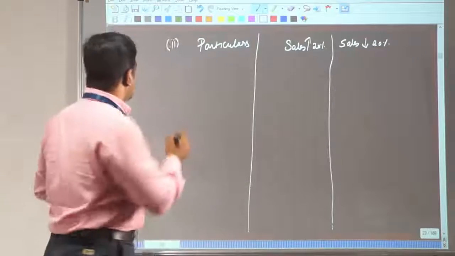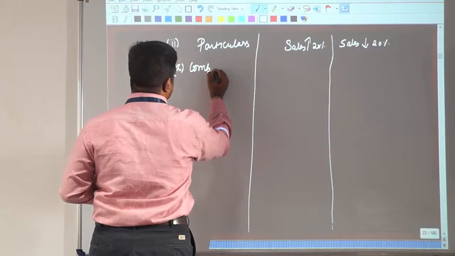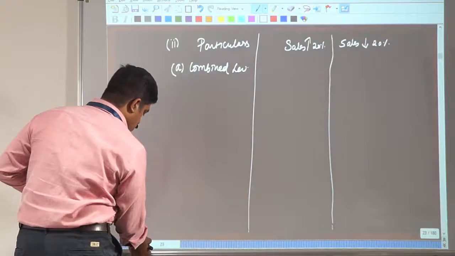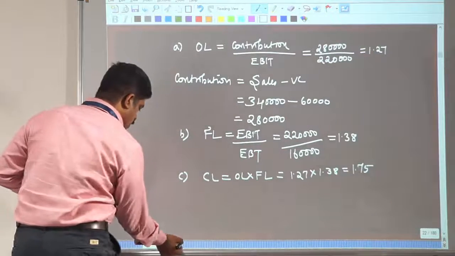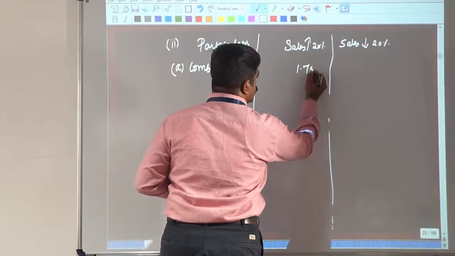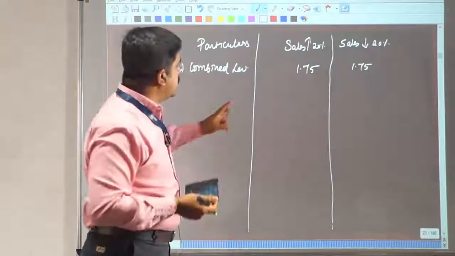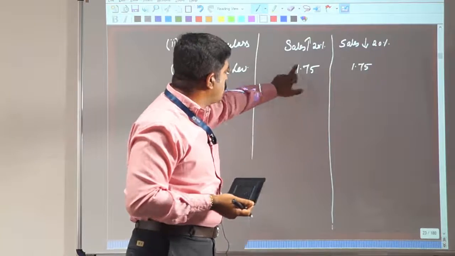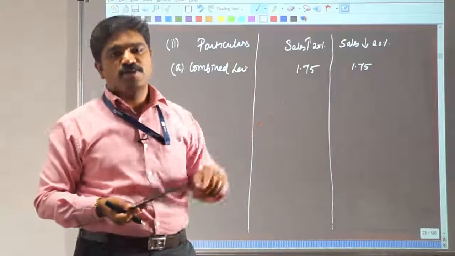So first I'll write what my combined leverage is. What was my combined leverage? What we have calculated is 1.75 times. So I'll write here at both points it is 1.75. So if my sales increases by 20%, my combined leverage tells that my EBT will increase by 1.75 times of 20%.